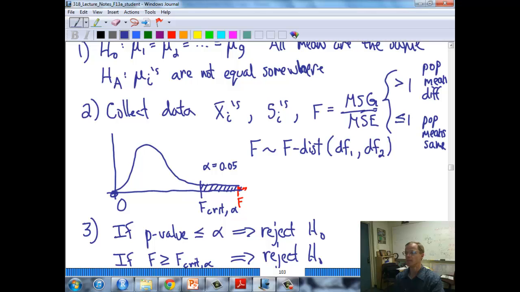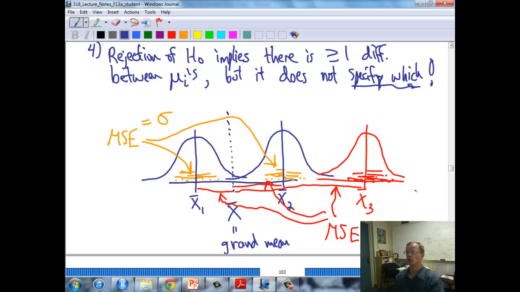And this is because if these groups are far apart from one another, then that is inserting a lot of variation into those means. It's going to be greater than the amount of variation within each group itself. That's the error within the group.